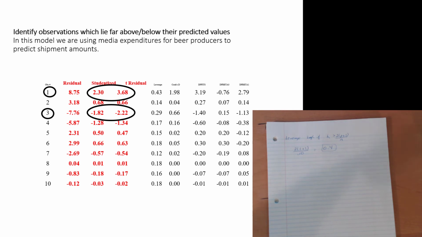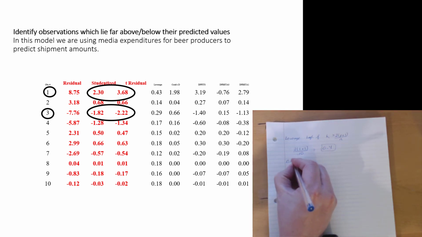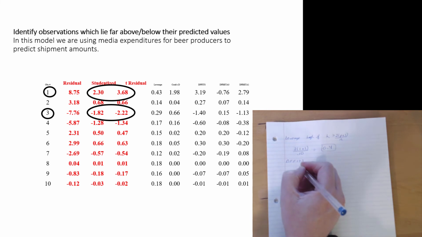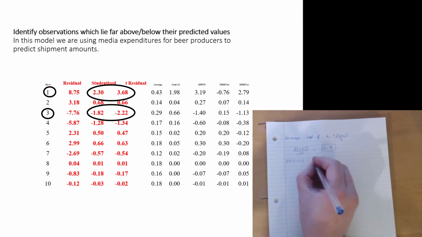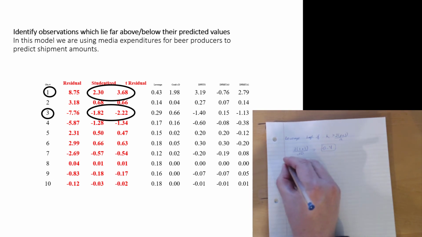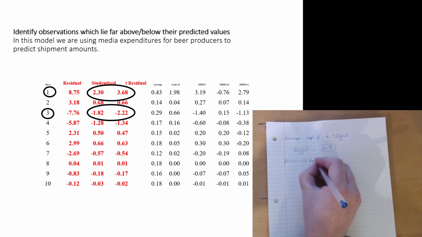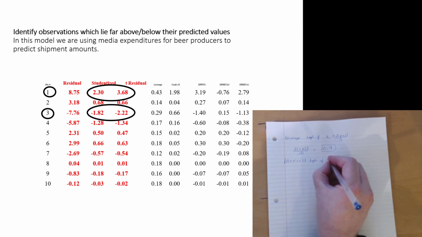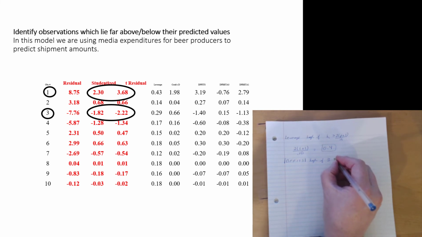Let's look at another cutoff value, and that's for DF fits. We look at our DF fits test statistic and ask, is this one high or not? The absolute value of the DF fits is high if it is greater than or equal, technically, to 2 times the square root of (p plus 1) all over the square root of n.